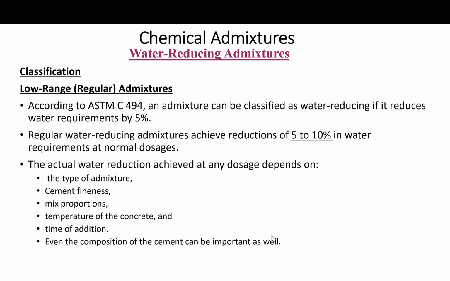Even the composition of the cement can be important, not only the fineness, as it has been found that water reduction is lower for cements with high C3A or alkalis. That is because during the early hydration of C3A, the admixtures can be removed from the cement surface by being adsorbed on the hydration products, as we will see later. So again, many variables impact the dosage, and we have to consider everything.